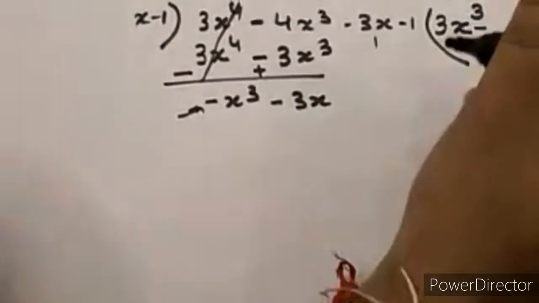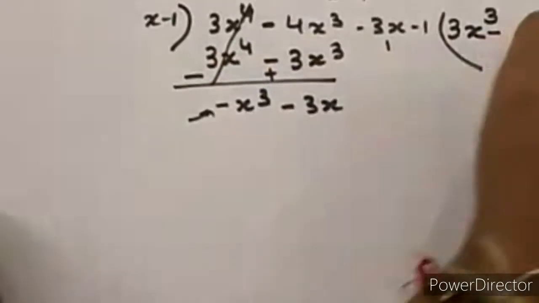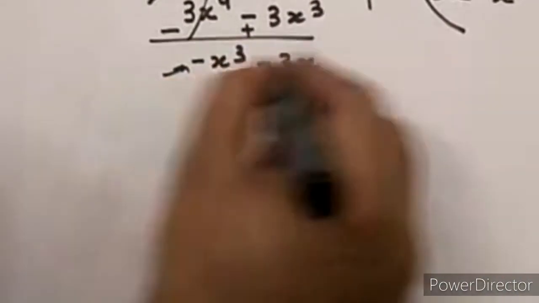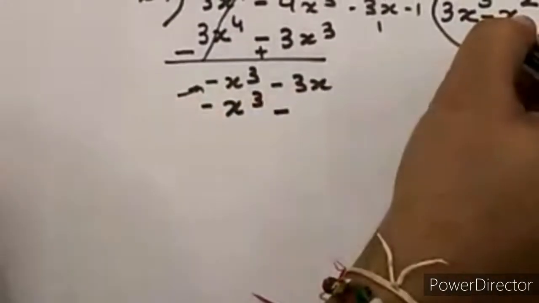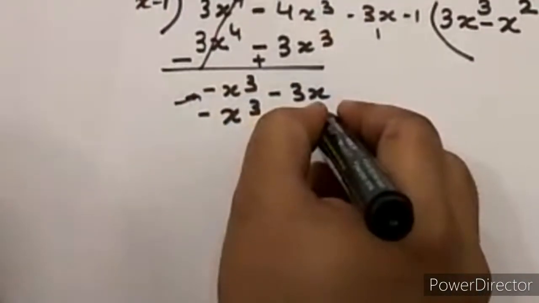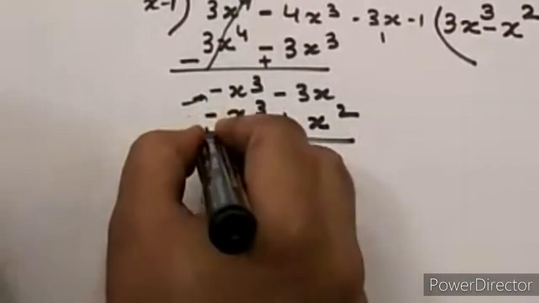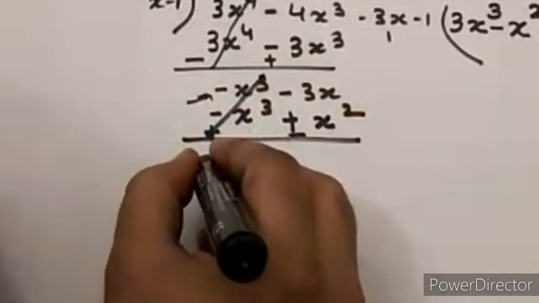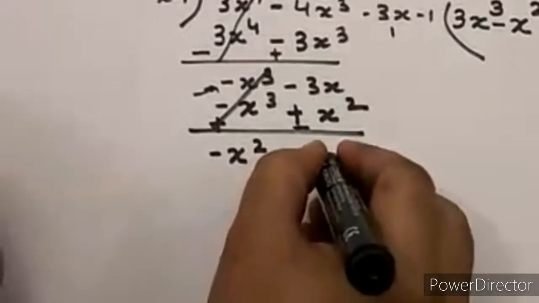So here the term is x cube, here the term is x. We will simply use x square. What will we get? Minus x cube plus x square. Minus will change to plus; here it is minus, this is gone, it will be minus x square minus 3x.